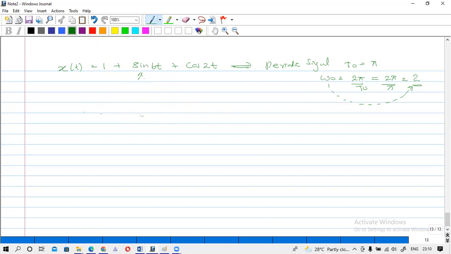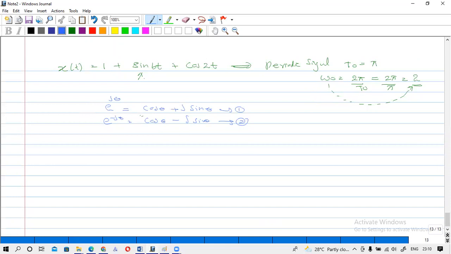So you know that e to the j theta is equal to cos theta plus j sin theta, and e to the minus j theta is equal to cos theta minus j sin theta. This is 1, this is 2.